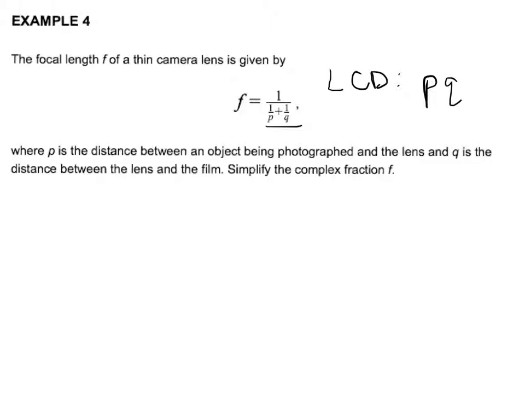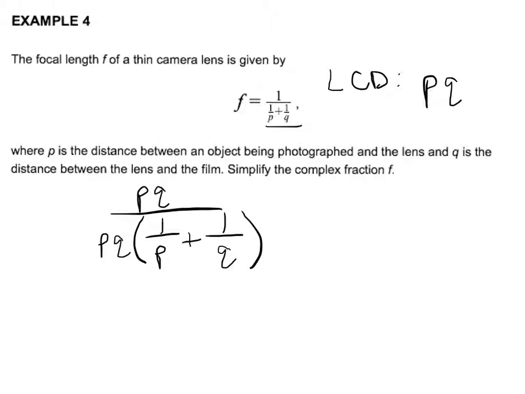So if I multiply top and bottom by PQ, I'm going to get PQ all over PQ times our original denominator. So when I distribute that PQ, we're actually going to get PQ all over P plus PQ over Q. And you can see that in the denominator we actually have, with our two rational expressions, common factors in each.